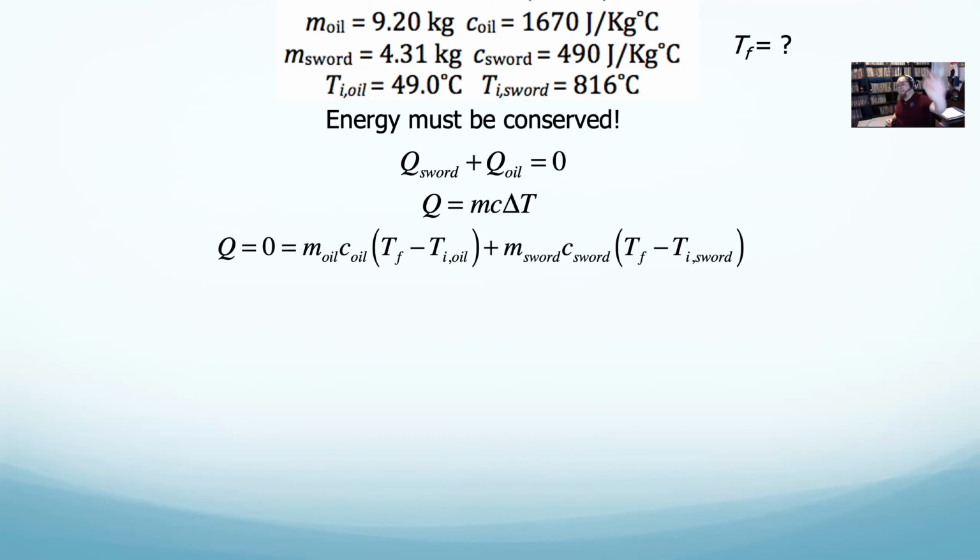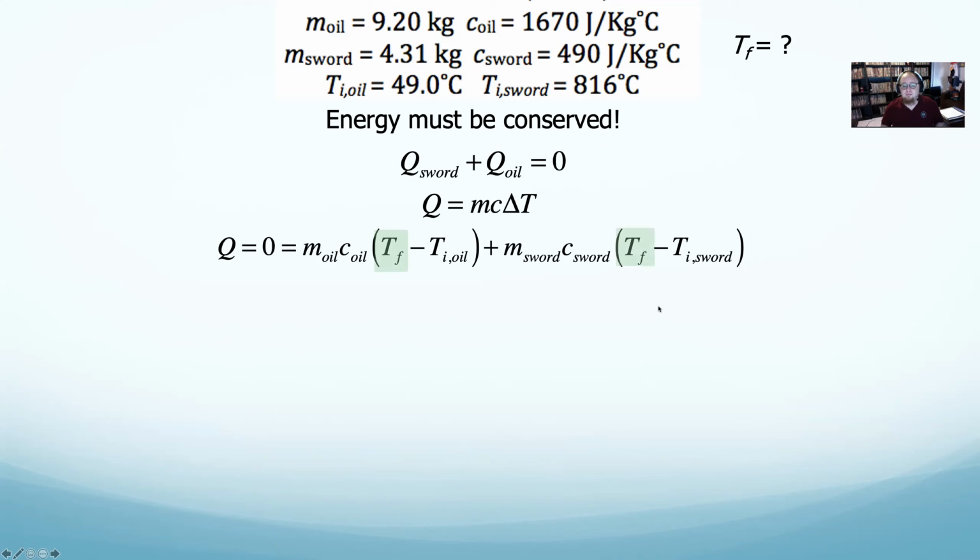And here's the thing. If you let this go to thermal equilibrium, both things will have the same final temperature. That T final for the oil will be the same as T final for the sword. And our goal is to solve for T final. Now, I've had people many a time say, but there's two T finals. Which one am I solving for?